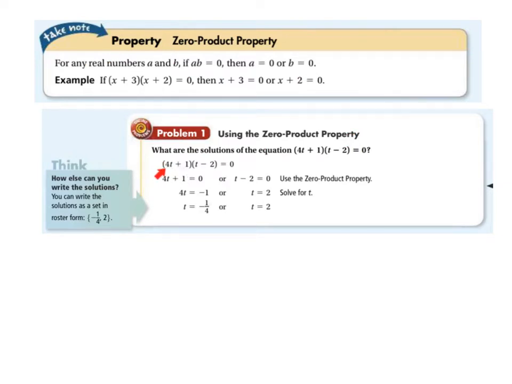So I take this set right here, set it equal to 0, and solve. Take this set, set it equal to 0, and solve. So I have two answers, negative 1/4 and 2. So if I were to graph this quadratic equation, obviously if I multiply that back out, it would cross the x-axis at negative 1/4 and 2. That's what we're really doing with all this.